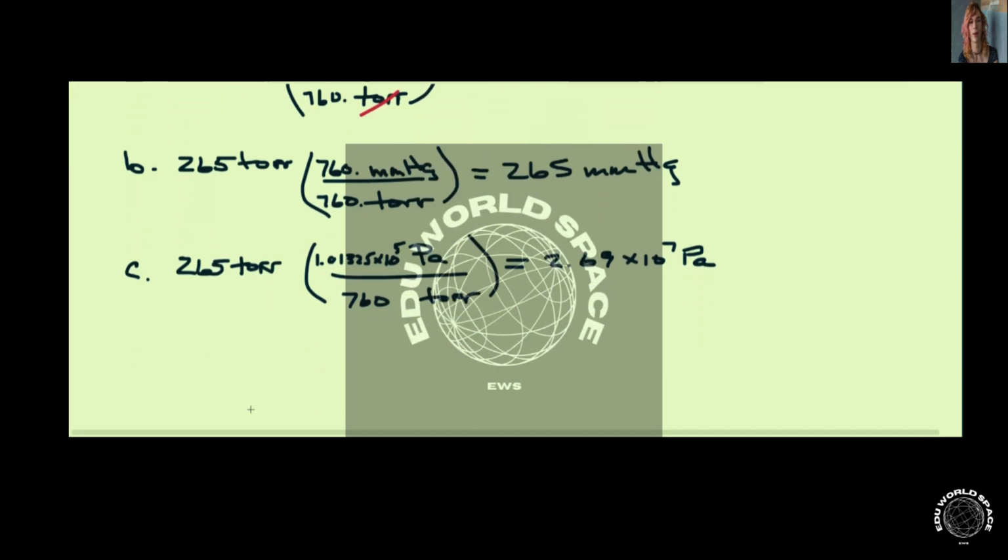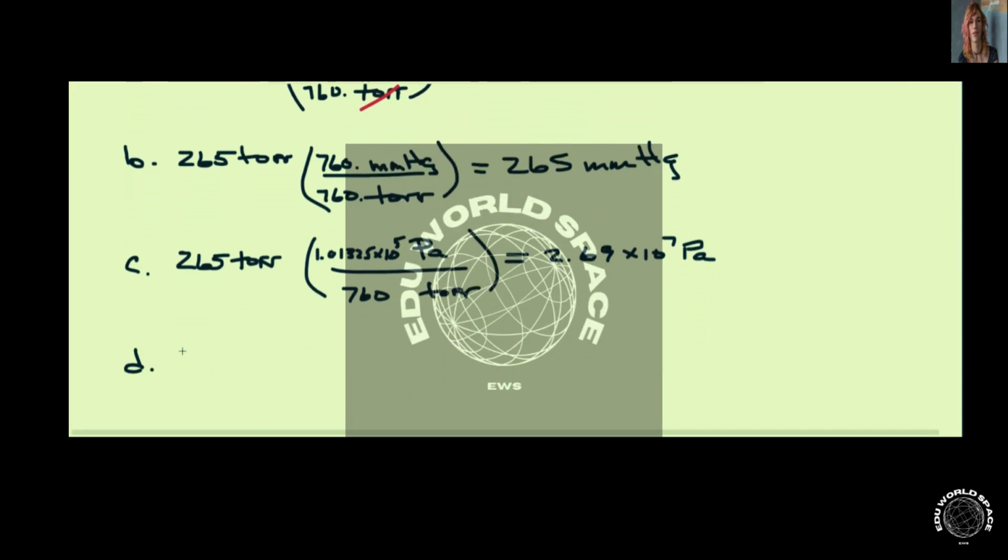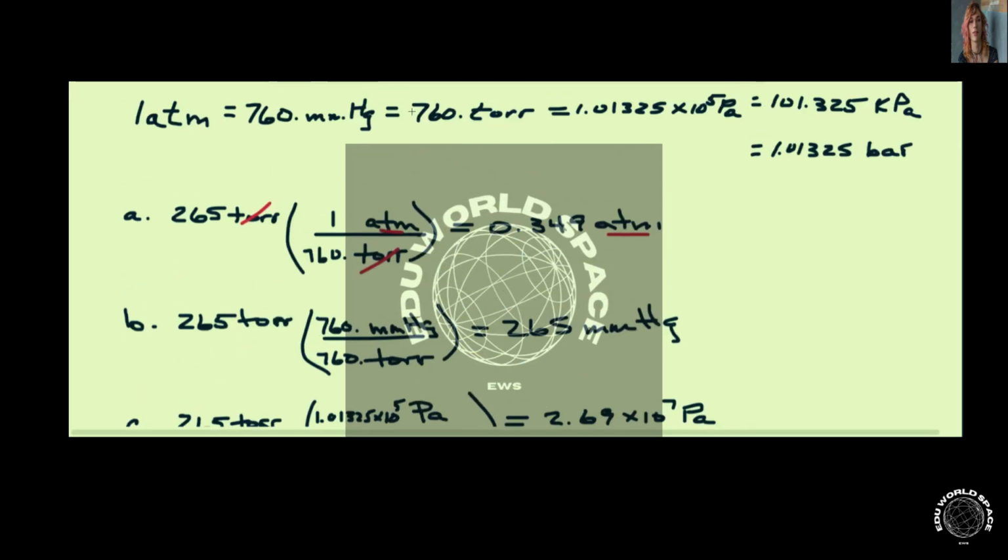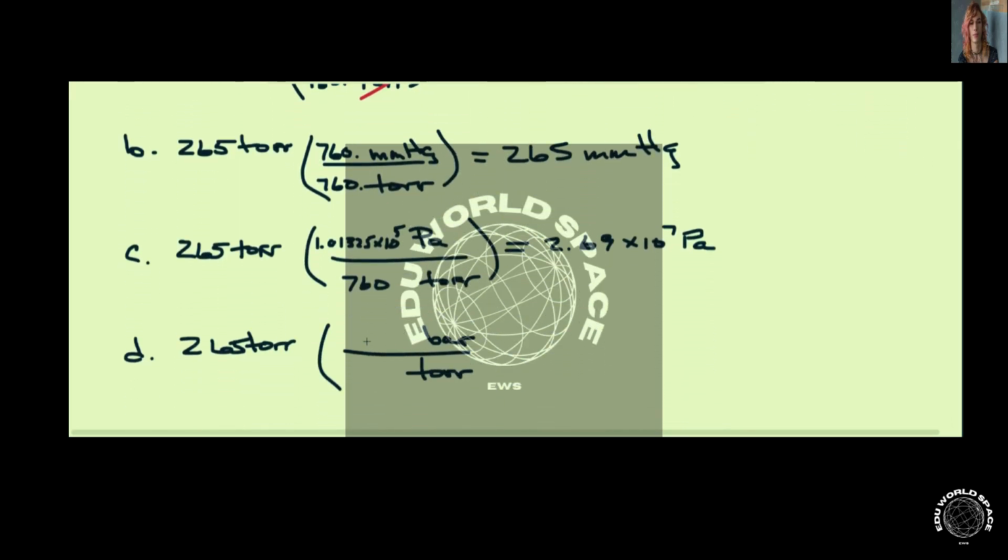Now, if we want to go to bar, same process. Torr is going to go on the bottom, bar is going to go on the top. 760 is torr, 1.01325 is bar.